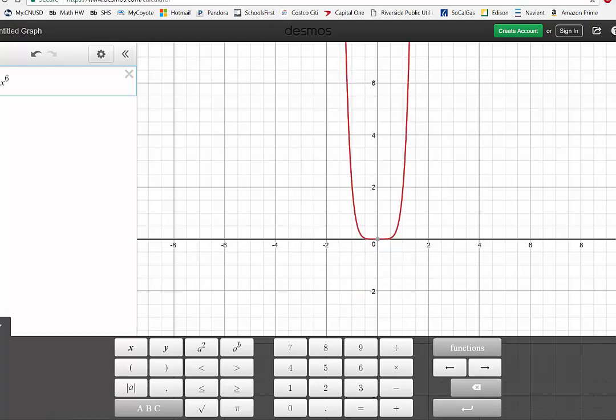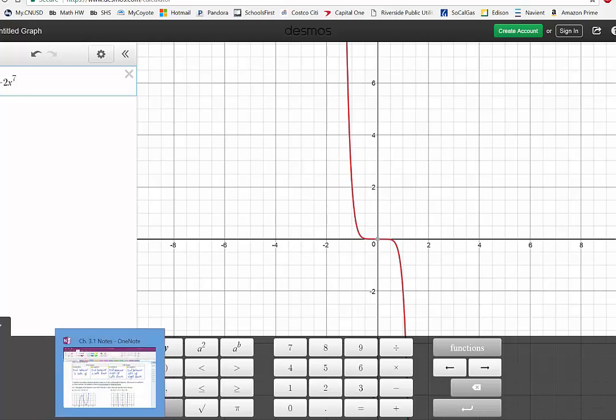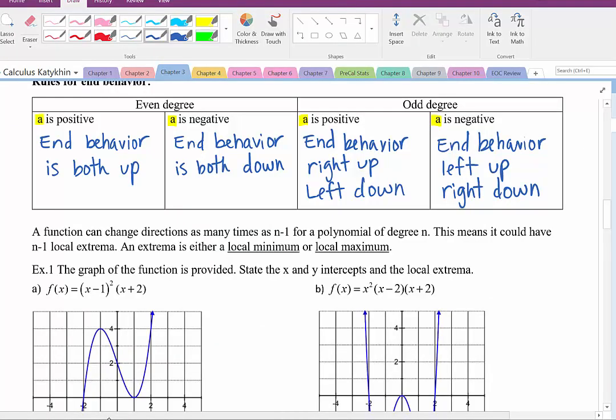I can do the same thing with the 7th degree. Notice that our right side is going up, our left side is going down. But if I change that coefficient to a negative, now our right side is going down, but our left side is going up. This is what's happening with even and odd degrees and positive and negative leading coefficients.